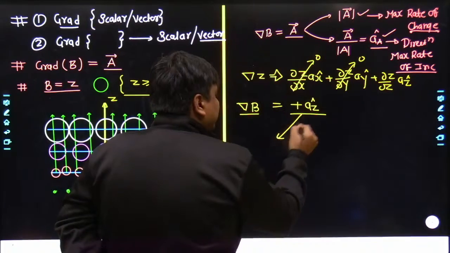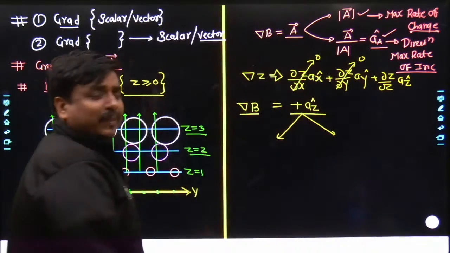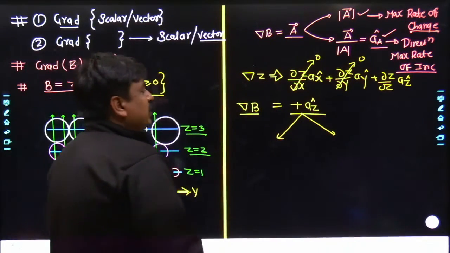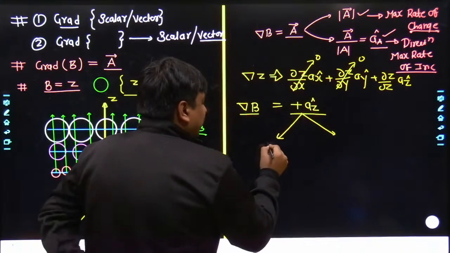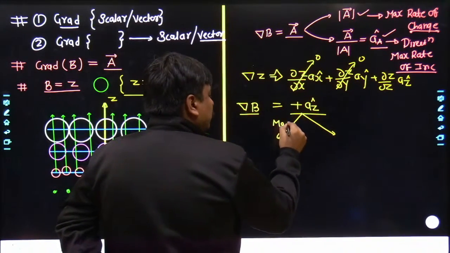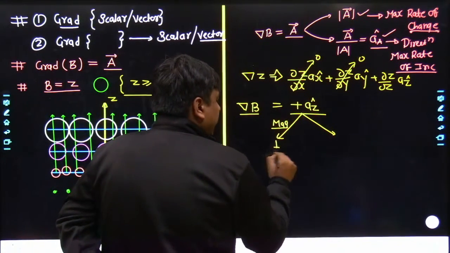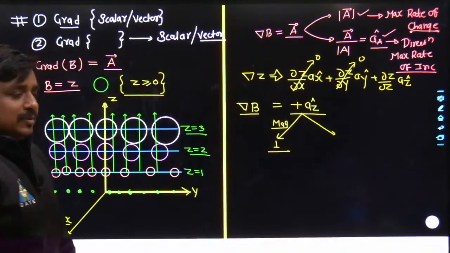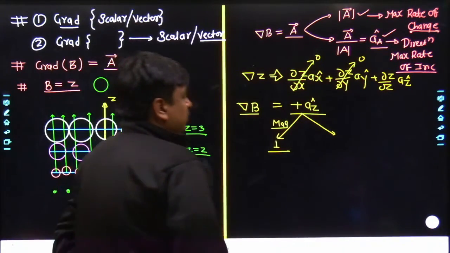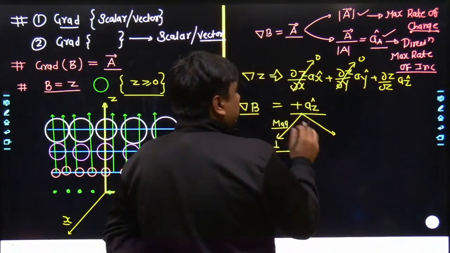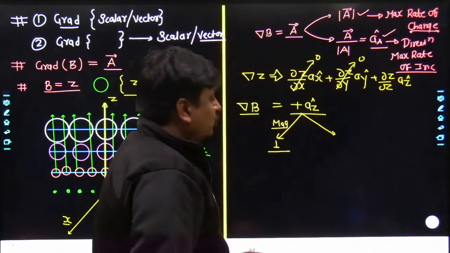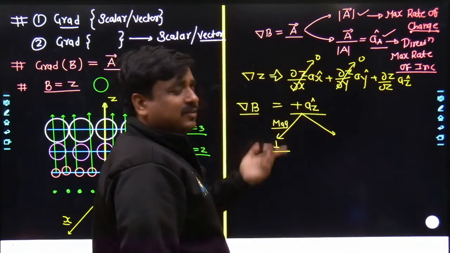Now you can have its magnitude as well as direction. What is going to be the magnitude? Being a unit vector, the magnitude is simply going to be 1. Once you are done with its magnitude, if you discuss its direction, obviously this vector has to be divided by its magnitude, so it gets divided by 1.